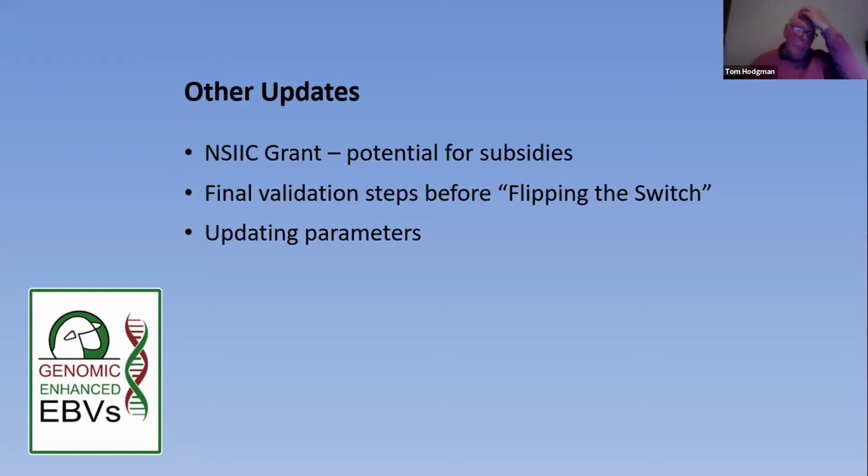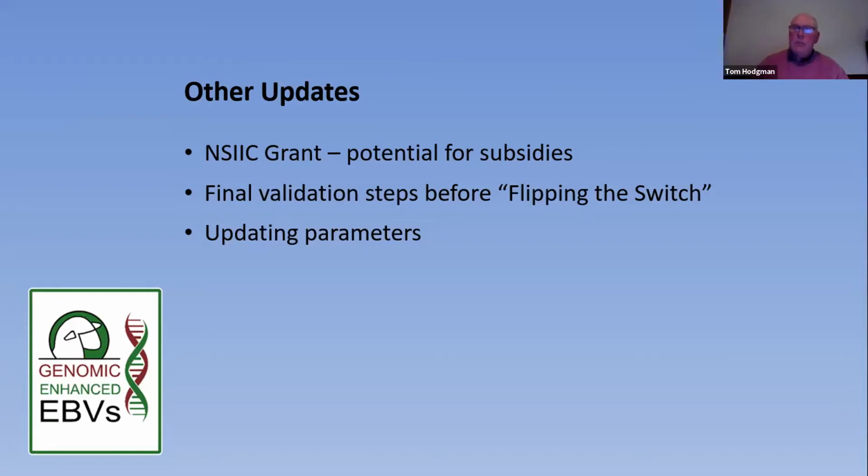There's also this issue of the final steps in validation. So currently, Dr. Daniel Brown at AgBoo is working with Dr. Lewis on getting the final testing done on the reference population and making sure that it behaves as they believe the models should behave with regards to adding the genomic component to the evaluation.